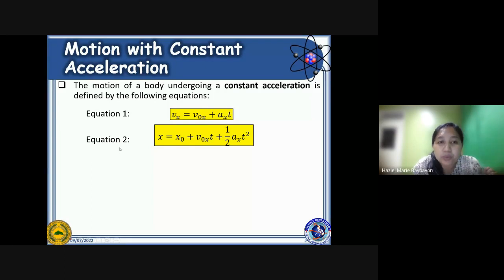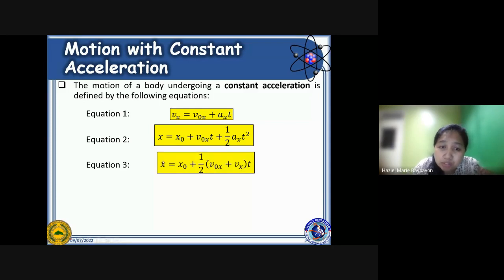Okay, and then equation 2 is this one. You have x, the final position, equals x naught, which is the initial position, plus v naught x t plus 1/2 a sub x t squared. And then for the third equation, we have another equation for the displacement. You have x equals x naught plus 1/2 multiplied by v naught x plus v sub x times time.